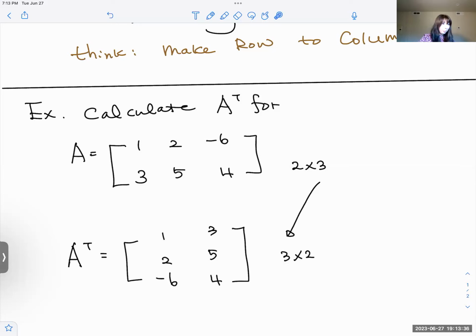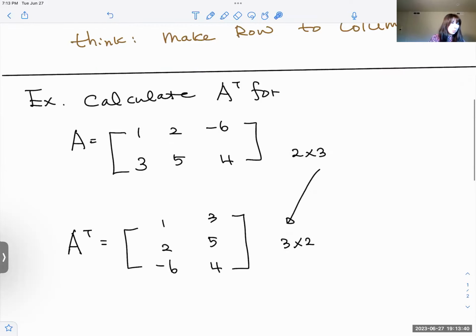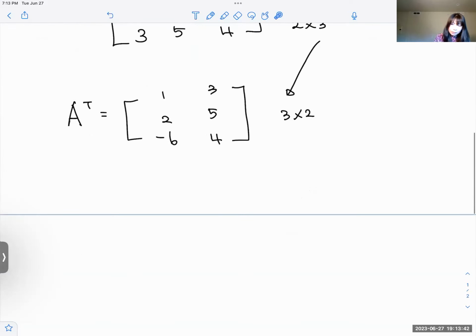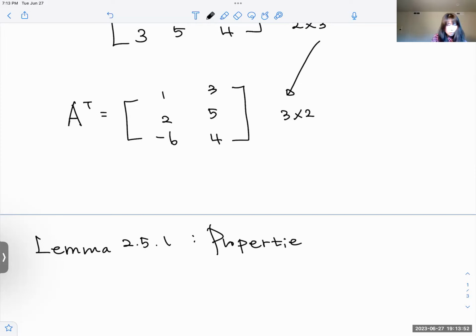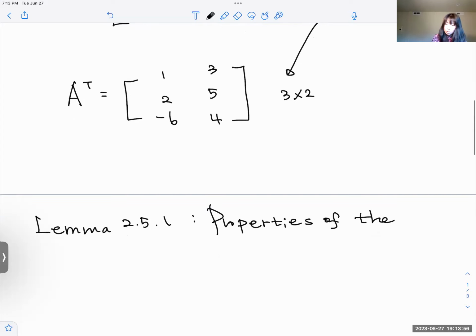Okay, now properties. Let's talk about the properties of the transpose.